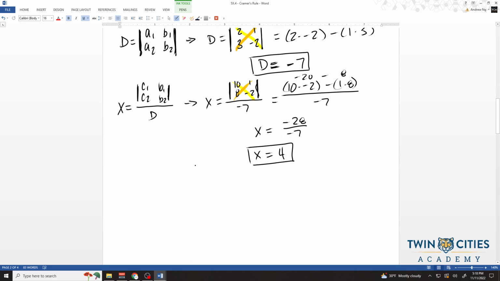So y is equal to, now it's going to be the determinant of a new 2 by 2. It's almost the same as this. Instead of a1, a2, and then b1, b2, since I'm finding y, I'm now going to replace the b's with c's. So this will be a1, a2, and this one will be c1, c2. And I'm still going to divide by d.